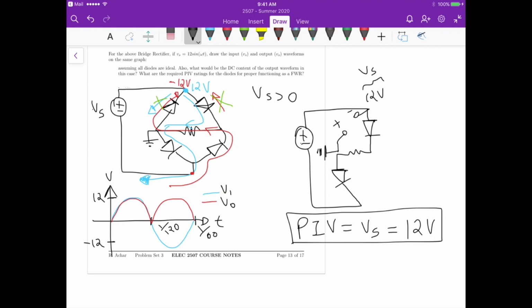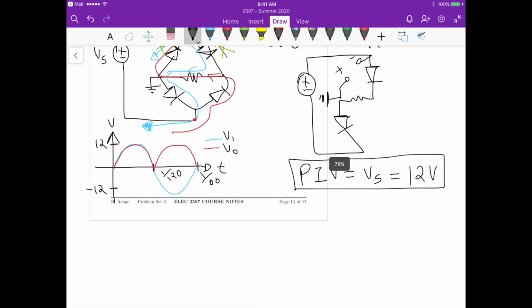Suppose we're using just the battery model, we would still have this to consider in the peak inverse voltage, for the potential that it needs to hold. But in this particular case, it's just the peak voltage of the voltage source, so it's 12.